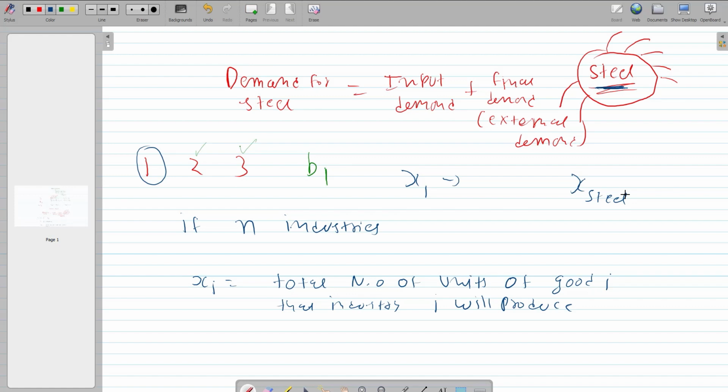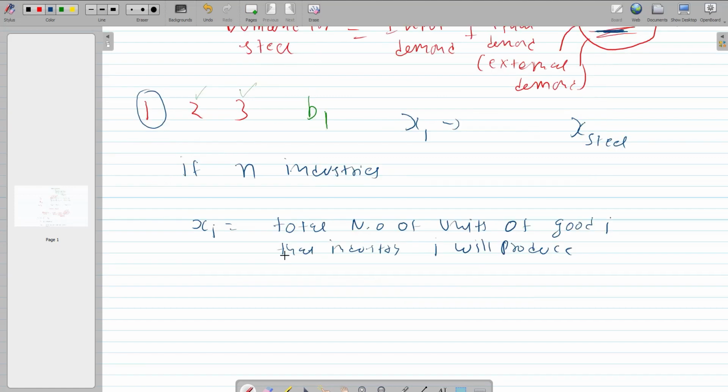So xi is how much quantity of a particular good is being produced by its industry. Like if the good is paper, then how much paper is being produced by the paper industry is xi. So xi is the total production of that particular good, and we are denoting the industry with this i.